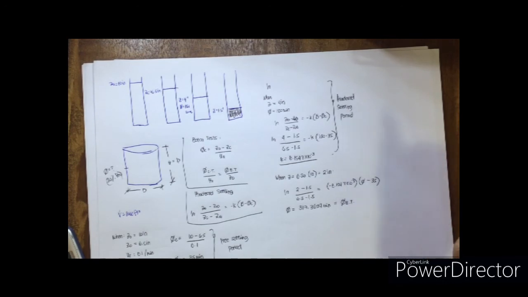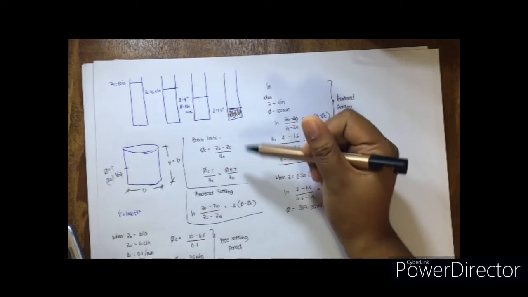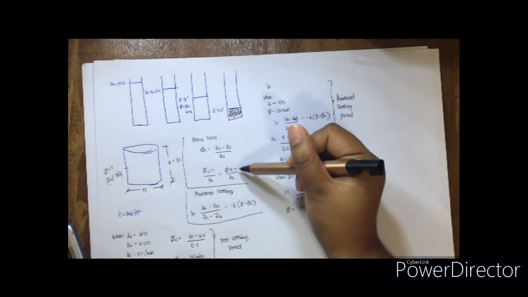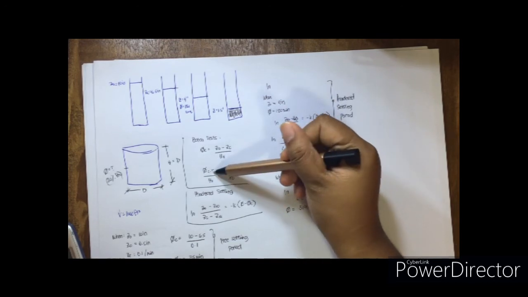So, in determining the time in commercial tank, dun sa actual commercial tank niya, we will use the equation, this one, kasi may correlation si batch tank into the commercial tank.